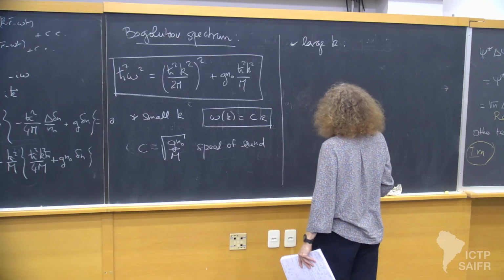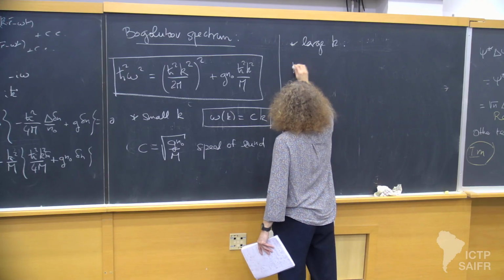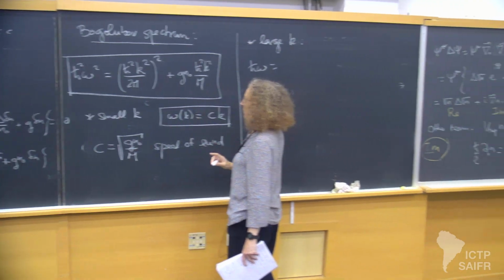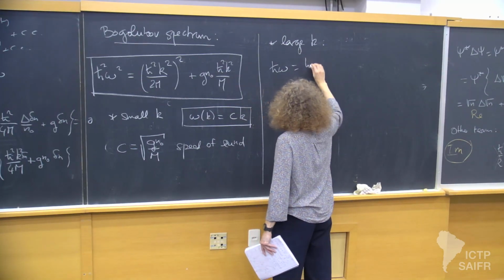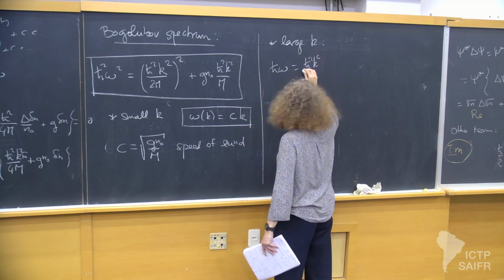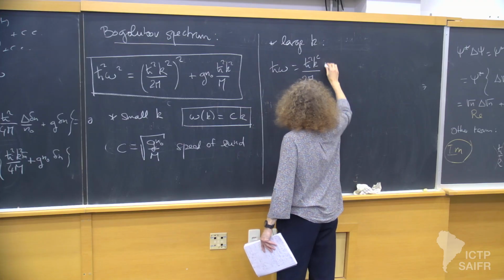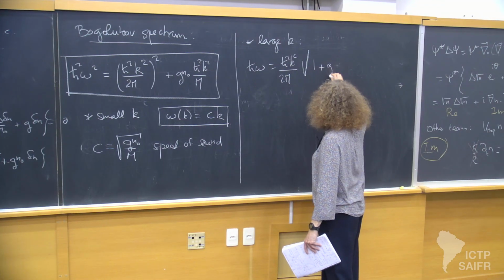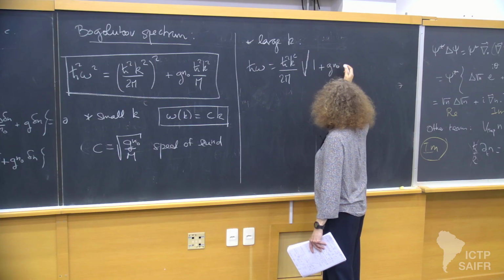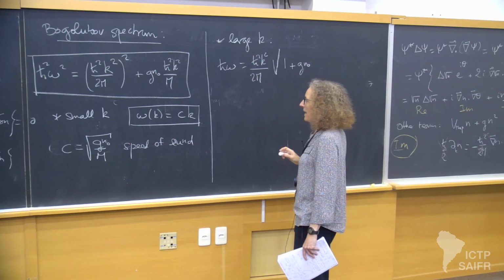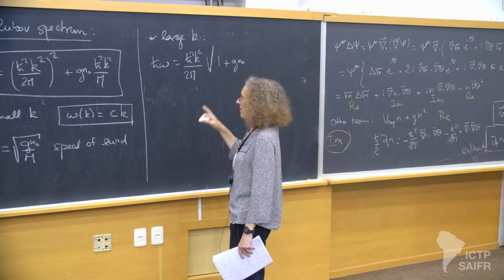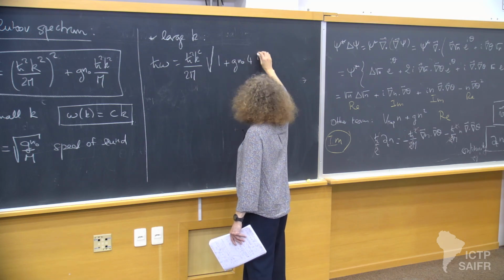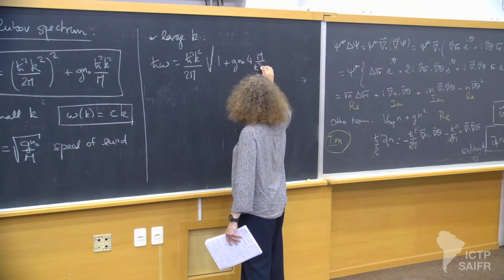So what do I have exactly? I will look at h bar omega. Then as it is large k, I can factorize this one. I will have h bar squared k squared over 2m. And then I have 1 plus g n0, and if I do this, I have to put here 4m over h bar squared k squared.